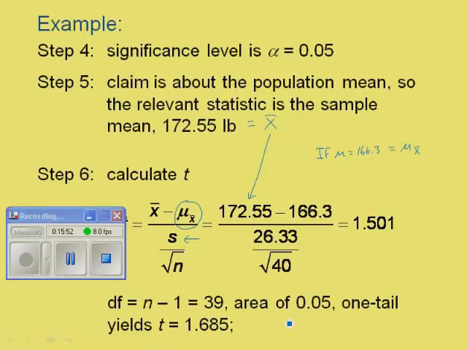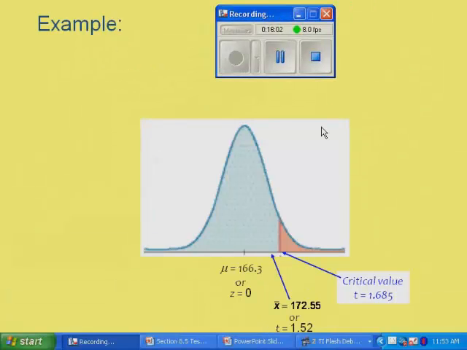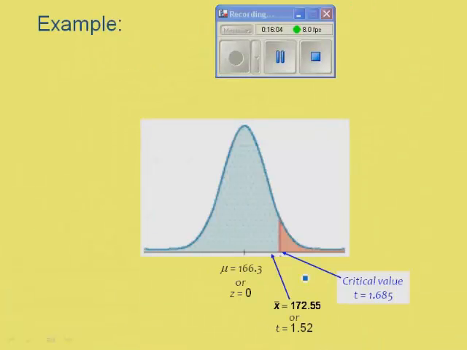And I'm looking at row 39. And sure enough, I get 1.685. So there's the picture. 1.685 is past the critical region. Okay? And so you'd want to reject in this case.